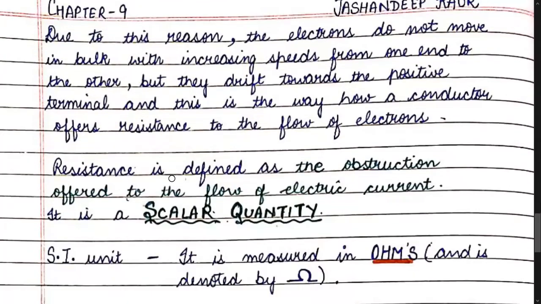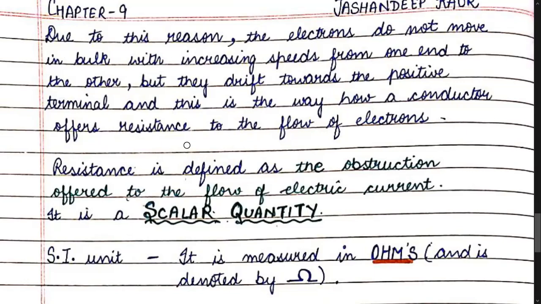Now students, due to this reason, the electrons do not move in bulk with increasing speeds. Bulk means many electrons. It is not possible that a large number of electrons reach with high speed from one end to the other end of the conductor. Why so? Because there were so many collisions in between the journey.